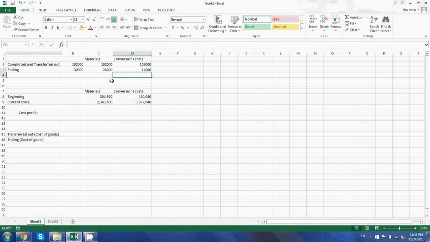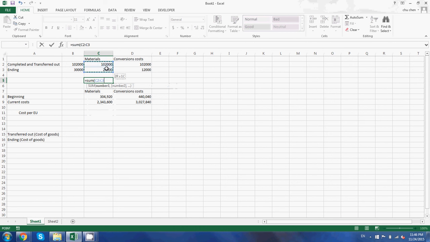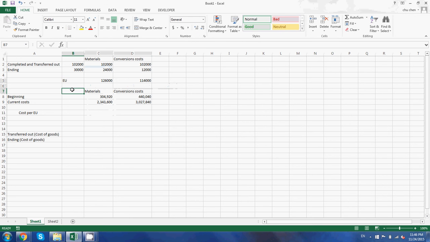Now, when you talk about equivalent units, it's going to be the total of these two accounts. What we need to do is just sum these two numbers. Let me put another name: I say it's EU, equivalent units. So equivalent units for materials is the sum of transfer out and endings for materials.